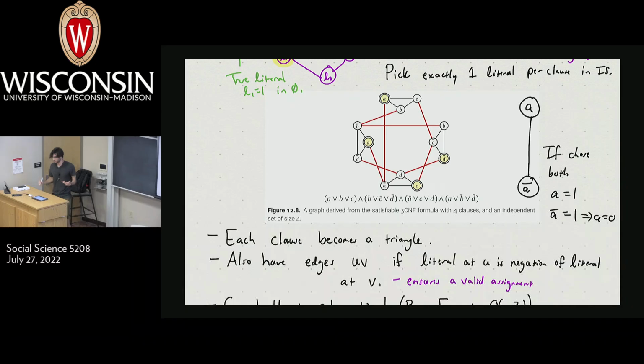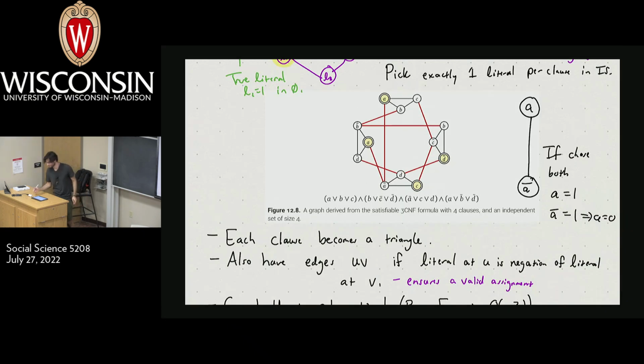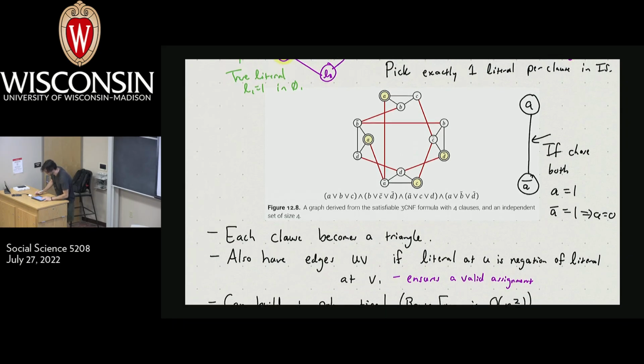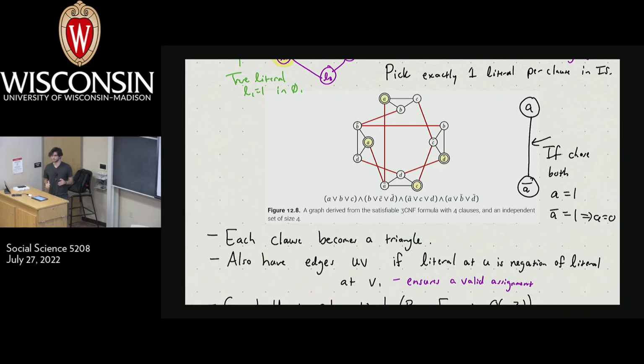So we would have to set a variable to 0 and 1 simultaneously. But obviously that's not a valid assignment. An assignment is a single value that we associate with each variable. So adding those edges prevents that from happening. Those edges ensure it's a valid assignment: each variable is either 1 or 0.